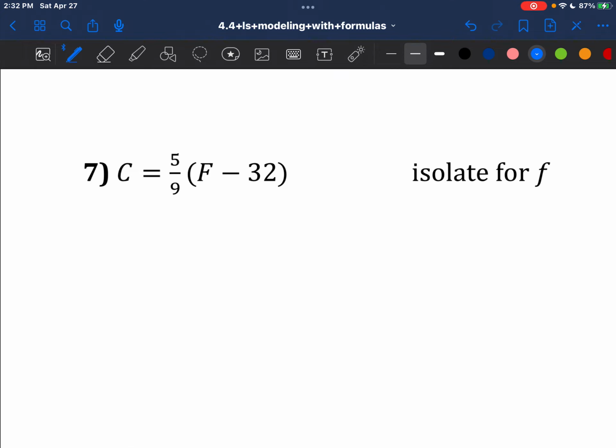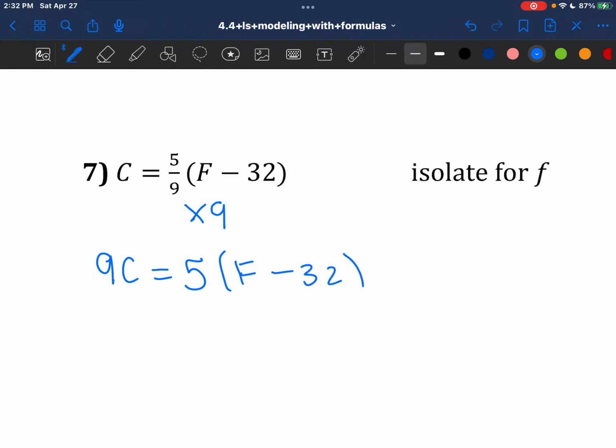Isolate for F. Okay, so now let's do that. First we can multiply by 9. 9C equals 5F minus 32.